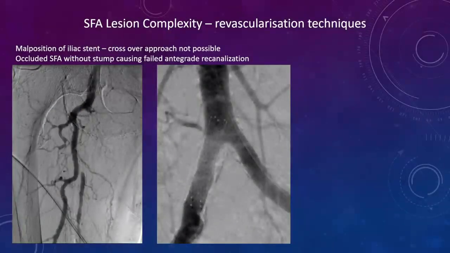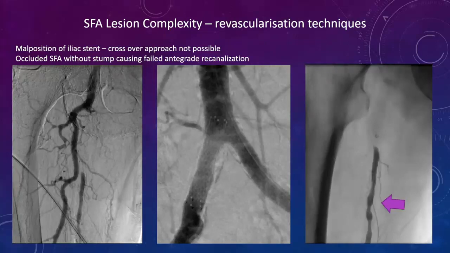And unfortunately, in this case, you can see the stent was protruding into the aorta. In this situation, you have a real problem crossing over your guiding sheath. So you have to think about what to do. You can go from above and try to enter it antegradely, or from below, puncturing the SFA.